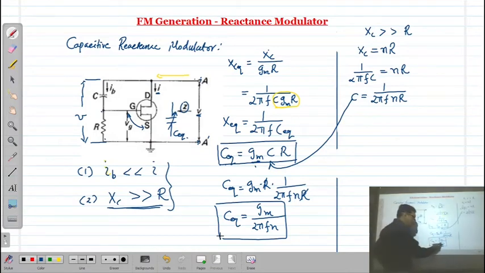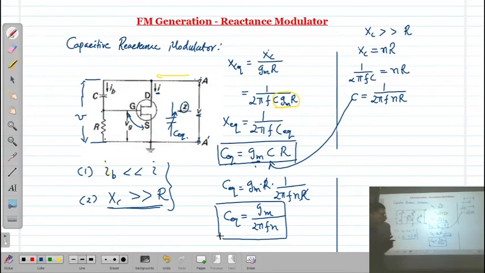What is F? F will be my central frequency, and from that, depending on how much deviation you want, accordingly you can select the value of n. Remember, that is when the value of the capacitor is going to increase or decrease, and accordingly there will be a change in the modulation, a change in the carrier frequency. So ultimately this expression is very useful to derive how much frequency deviation we want in the modulated wave.